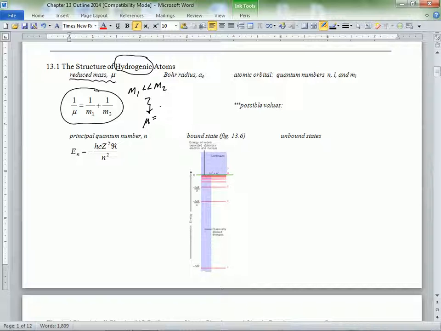What is the answer? M1 is much, much less than M2. So all we have is two objects to worry about, just like a hydrogen atom. It was M1, the lighter one. You do the math, and some of this concept is probably chapter 12, because there's going to be a lot of chapter 12 stuff in this. So it reduces down to M1.